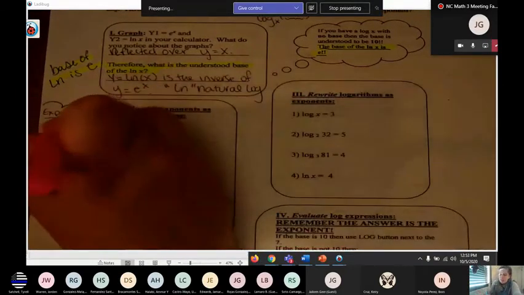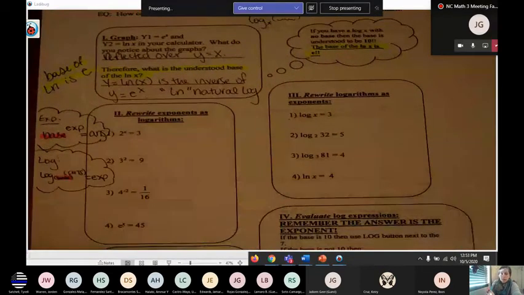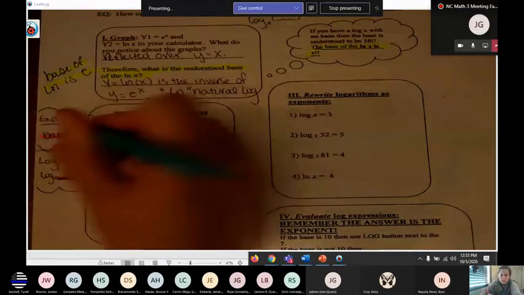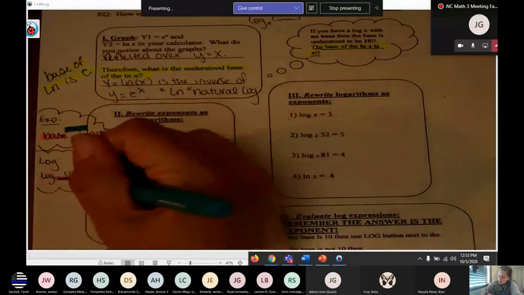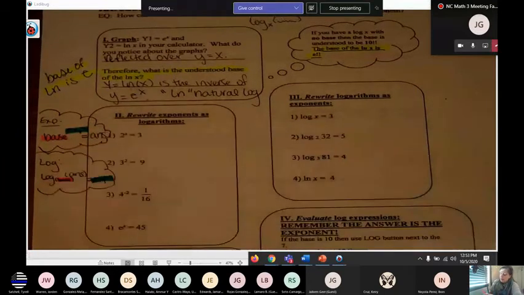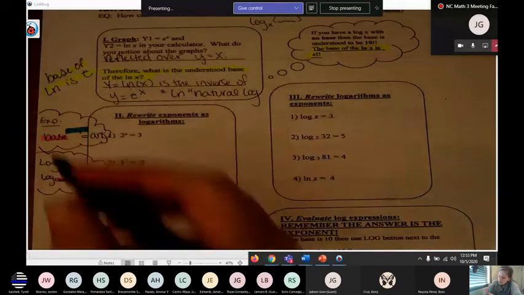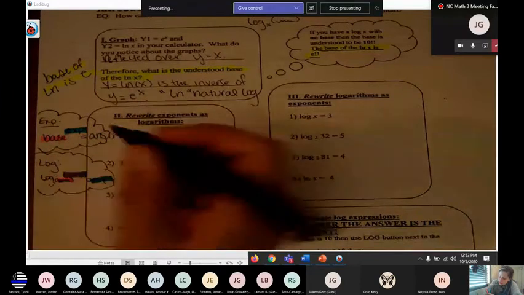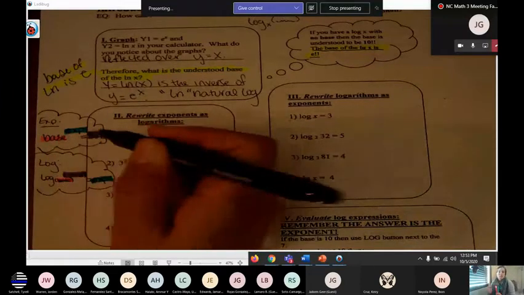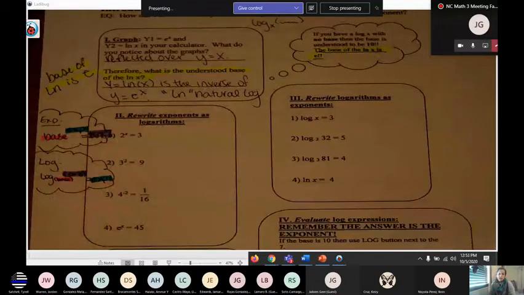Our base for our exponent is here, but our base for our logarithm is there. Our exponent goes on the right side of the equal sign for a logarithm. And our answer for our logarithm is our answer on the right-hand side for our exponential function. Okay, so same ingredients rearranged.